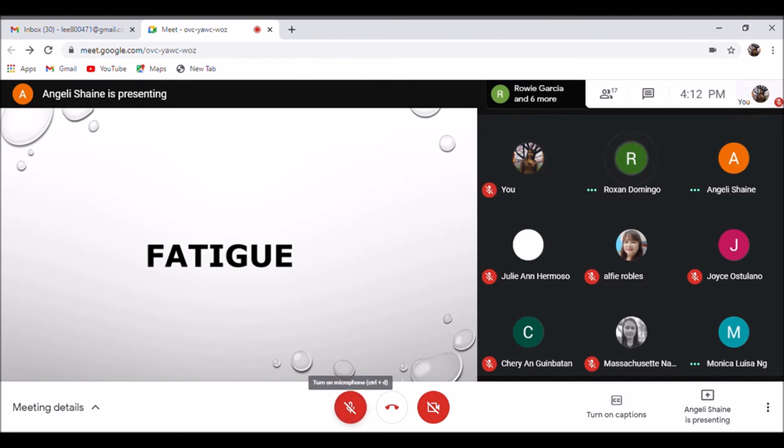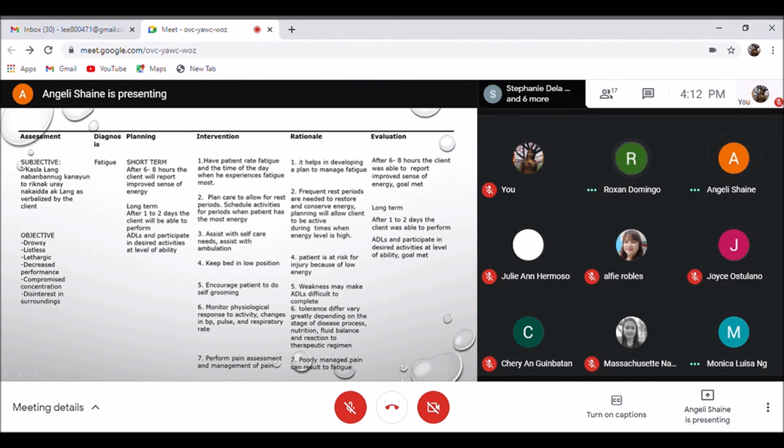Last, fatigue. Assessment under subjective: kasla lang naman banung kanayong activity lang, as verbalized by the client. Objective: fatigue, drowsy, listless, lethargic, decreased performance, compromised concentration, and disinterest in surroundings.